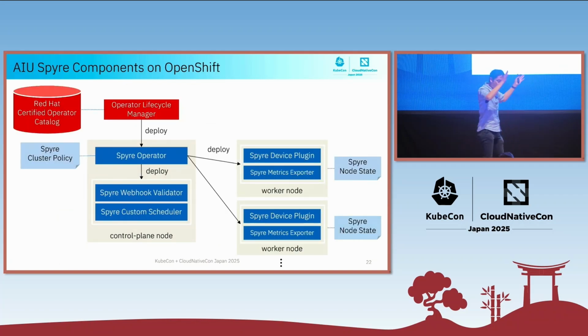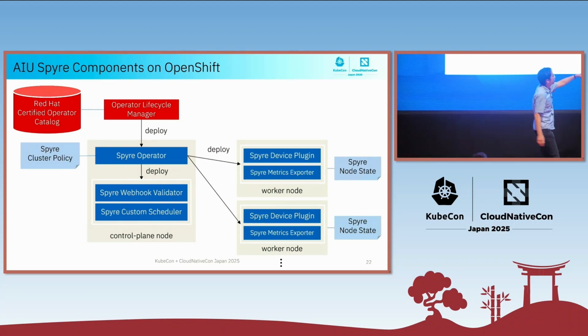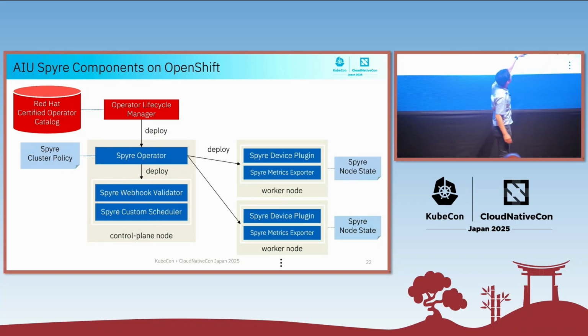So this is the entire component diagram of our device plugin. There are worker nodes, and this device plugin runs on each node with some additional sidecars like the metrics exporter, and they are deployed by the operator, and the operator can be deployed through the Operator Lifecycle Manager.